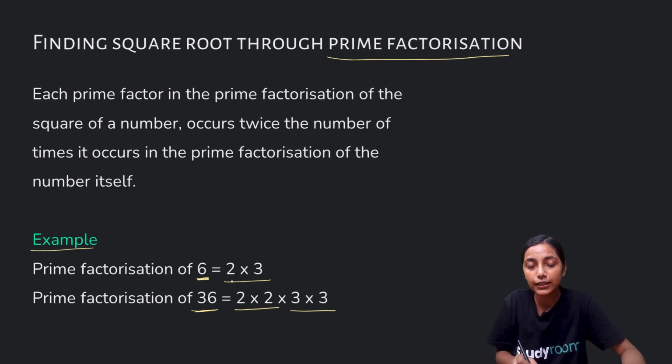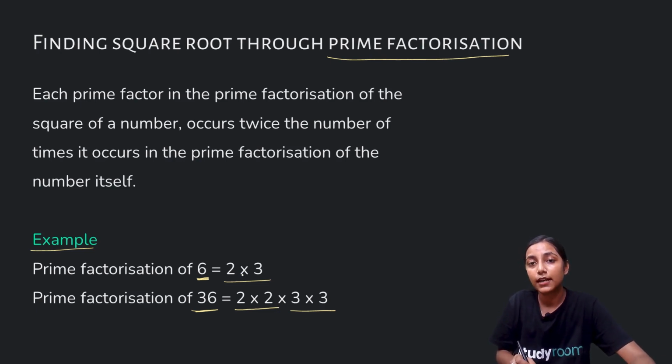And here also, the prime factorization of 6 includes 1 time 2 and 1 time 3. But the prime factorization of the square of 6, that is of 36, includes 2 times 2 and 2 times 3. That is, the number gets doubled.